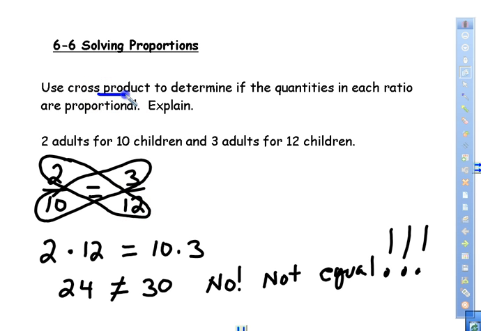Cross product, product meaning multiply, you would cross multiply. So 2 times 12, which is what we have here, which is 24, and 10 times 3, which is 30. And no, they are not the same number, therefore it is not equal.